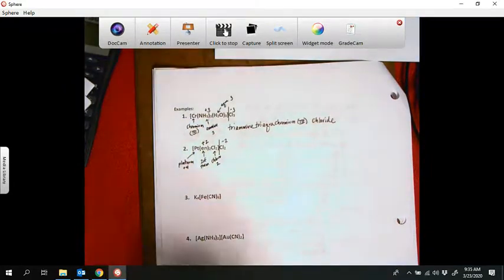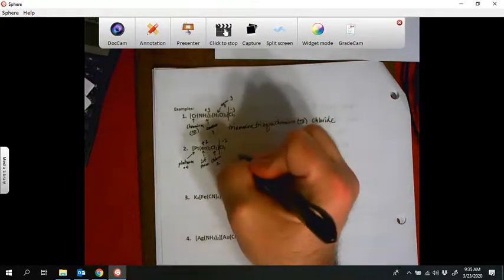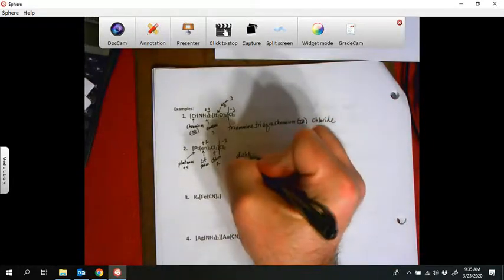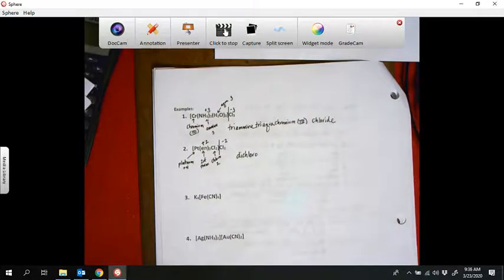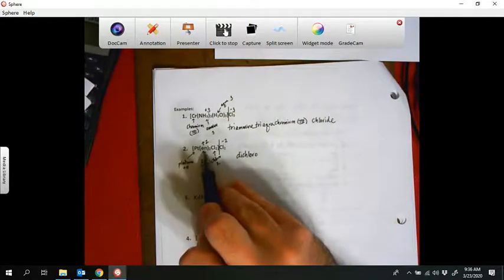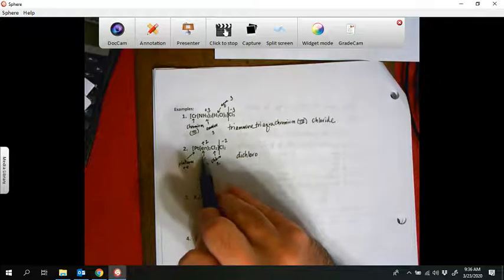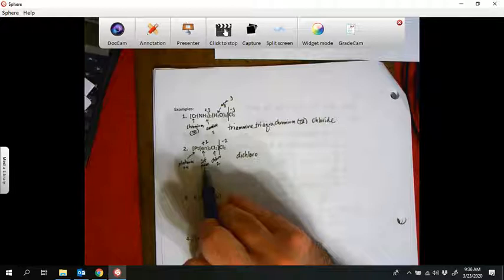So again, chloro would come first, so we would have dichloro. And we have 2 of these en, but ethylene diamine is its name. So this is where those weird prefixes come in.